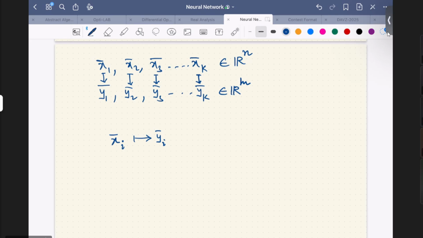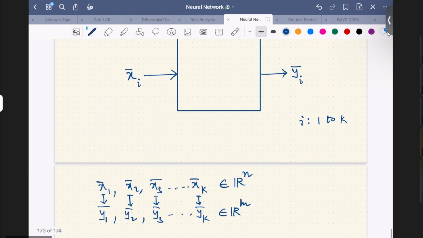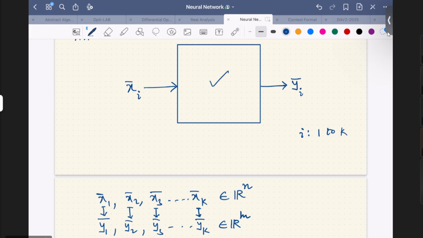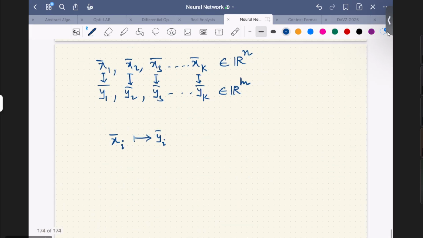The learning algorithm, the system sitting between these: if the norm of xi minus, no, I don't call it xi. If you take some x tilde, then this is xi bar.